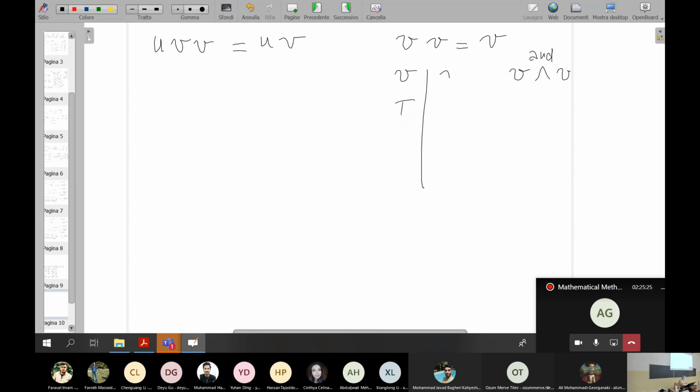True and V again, true, false, and of course you must have true and false in the same positions. The and gives you true if both are true, and gives you false if even just one of the two is false. And so the truth table of V and V is equal to the truth table of V.